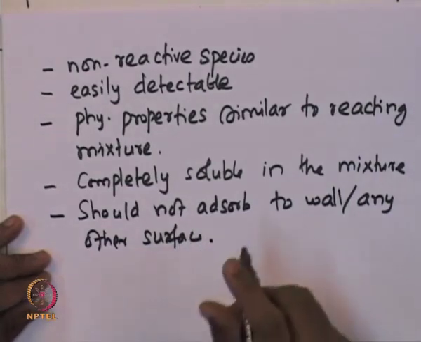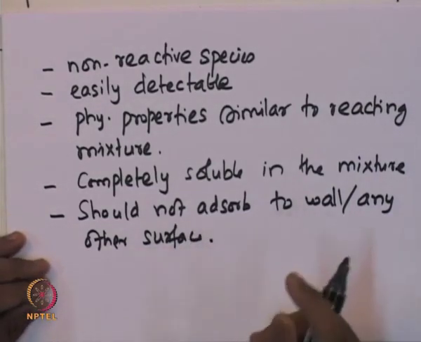It should not adsorb to the wall or any other surface, because if it gets adsorbed, then some of the species are being consumed, and that is not going to help in measuring the residence time distribution of the reactor.